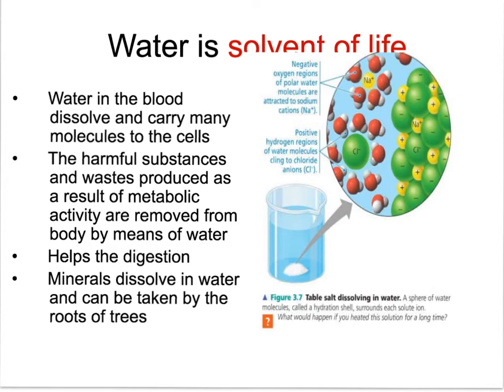But if the molecule is a negative ion, like chloride, it is surrounded by the positive charge of the hydrogens. So water can be a good solvent because of these partially negative and positive charges.